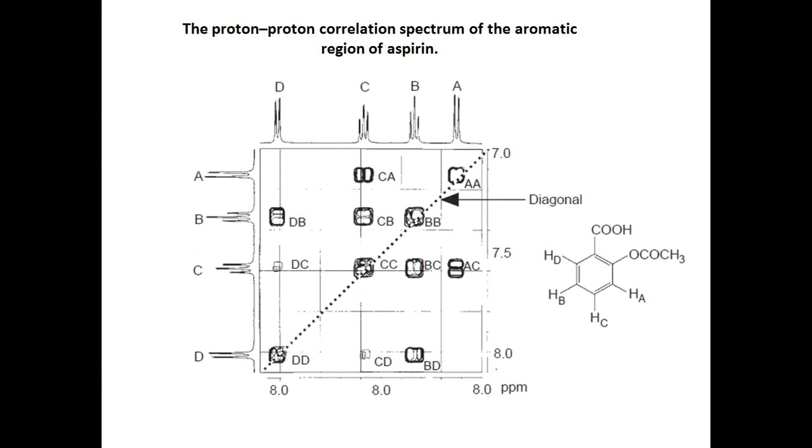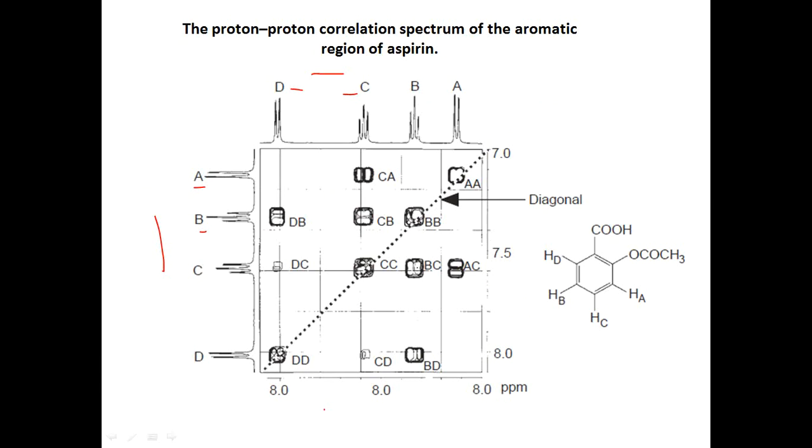So this is a two-dimensional spectra for aspirin that you can see, right? As I said, the ppm values are plotted on both the x and y axes, and the correlation between the protons is being checked. That's why it is called correlation spectroscopy. You can relate one proton to another, with how many protons it is interacting, and what kind of interaction exists.